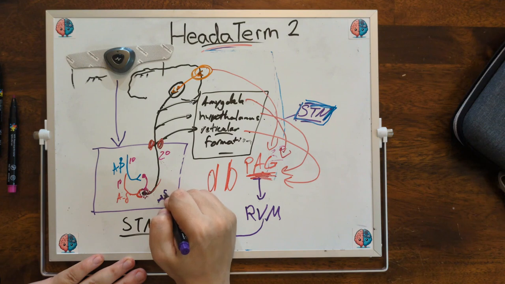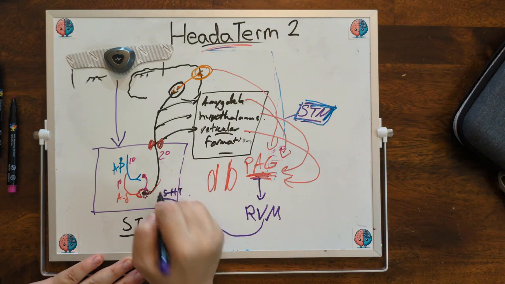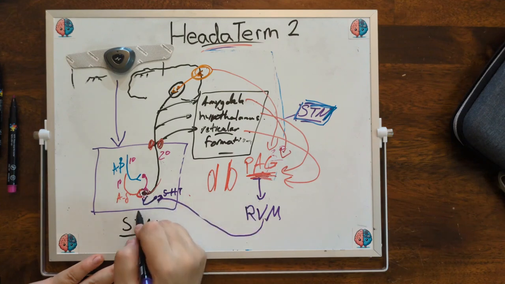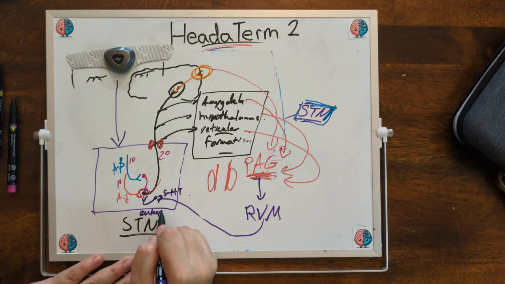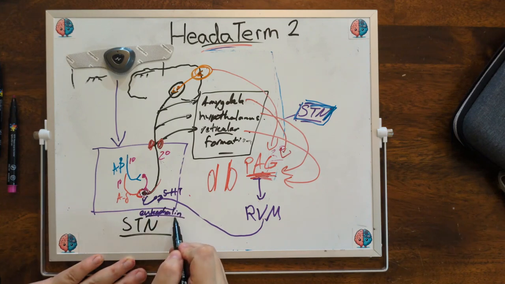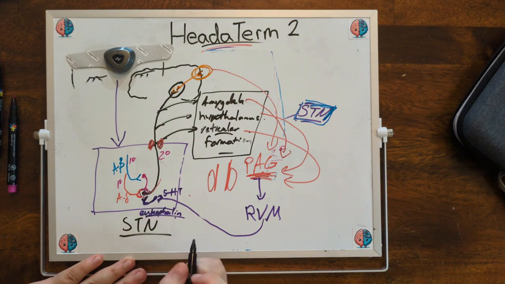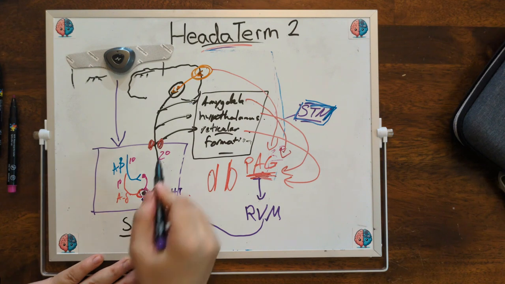So it releases serotonin, and it synapses with another neuron that releases something called enkephalin. Enkephalin is an endogenous opioid. So the enkephalin synapses with the second order pain neuron, and it stops it from sending a pain signal.